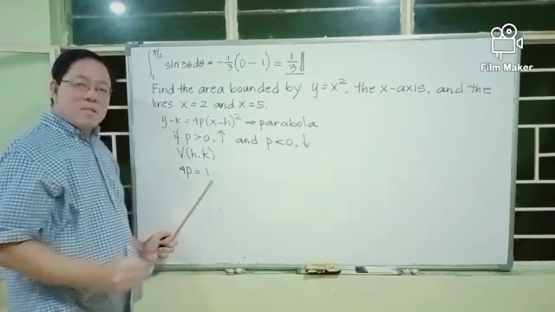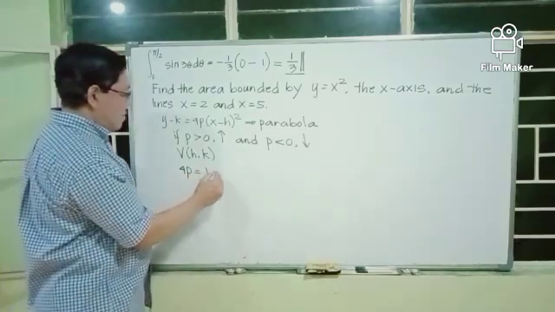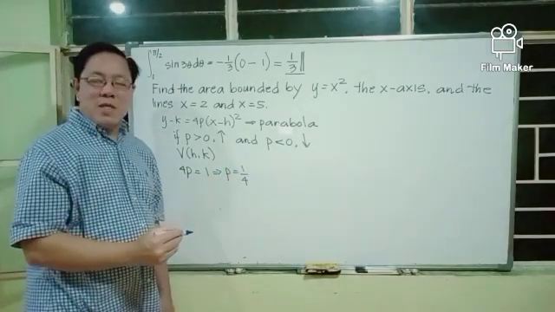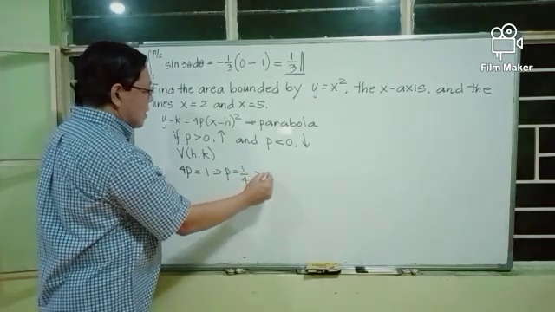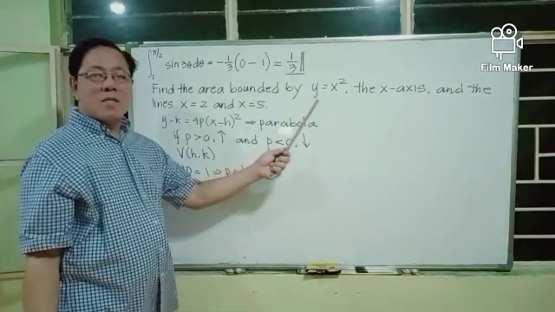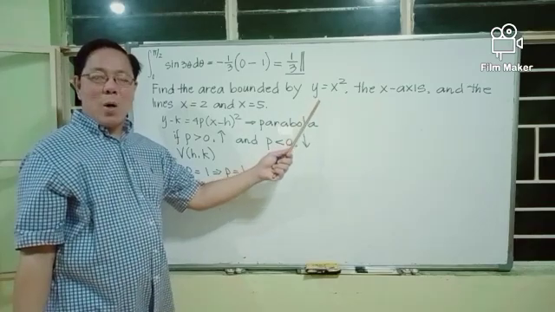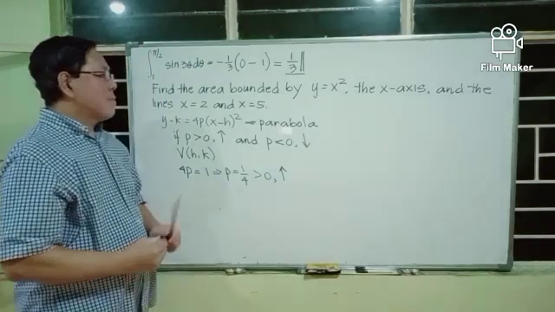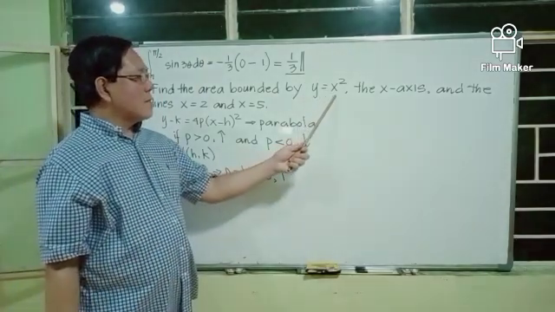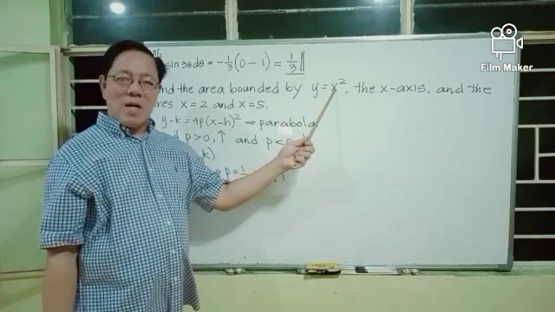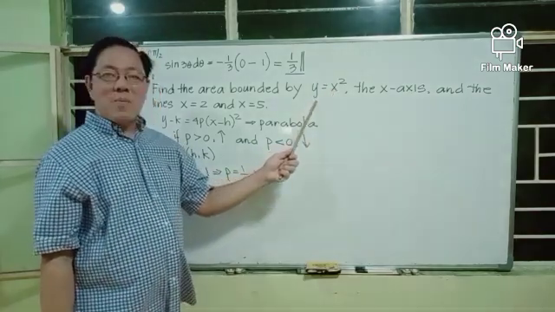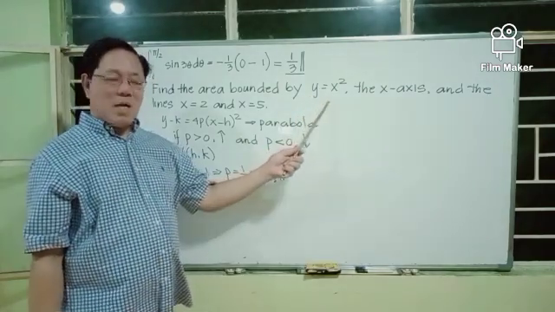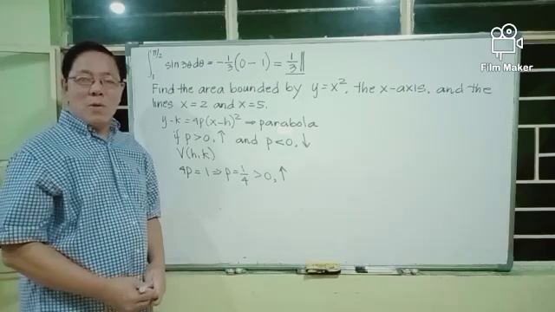This implies p is equal to 1 over 4, and 1/4 is positive, greater than 0. Therefore, the graph of this equation is a parabola that opens upward. And you can see that x squared can be written as x minus 0 squared, and y can be written as y minus 0. So the vertex of this parabola is at the point (0, 0), or the origin.